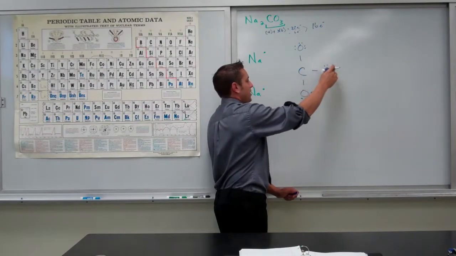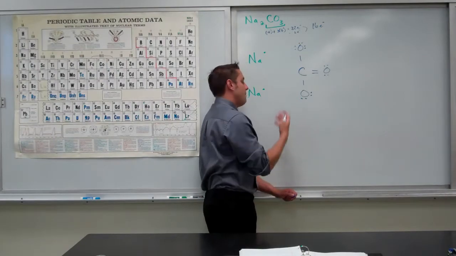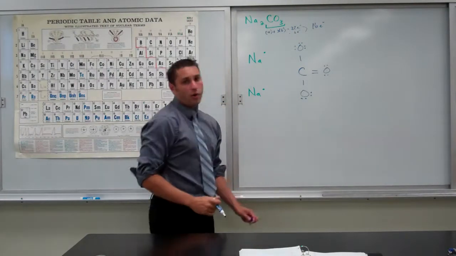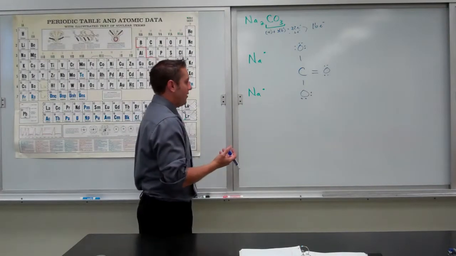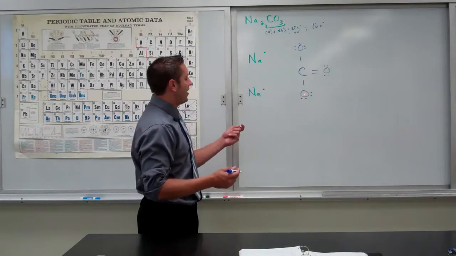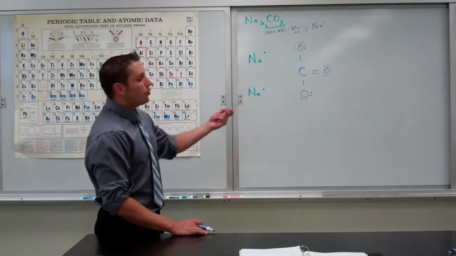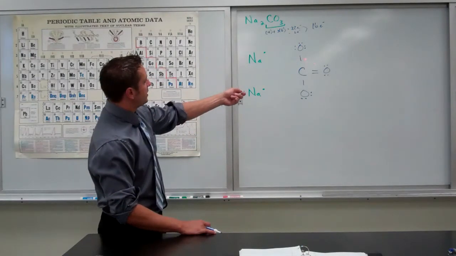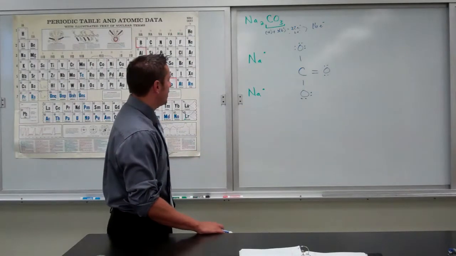We could do the same thing here, move 2 and push them in, right? Making carbon happy, but this O is still unhappy. And no matter where you make a double bond from, there is no way that you can make the oxygen here on the outside happy with the number of electrons that we have. Now, your double bond could fall any of these places, here, here, or here, which is an idea we'll talk about later called resonance. Right?